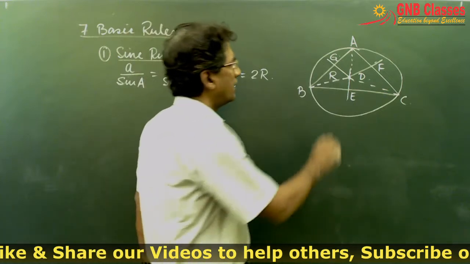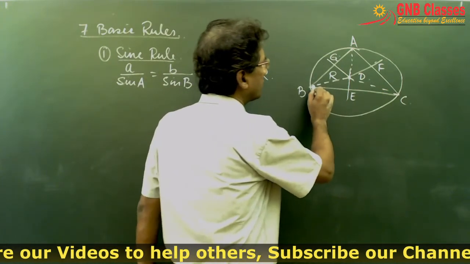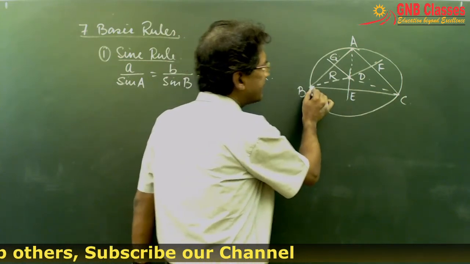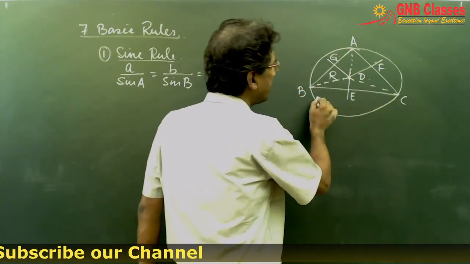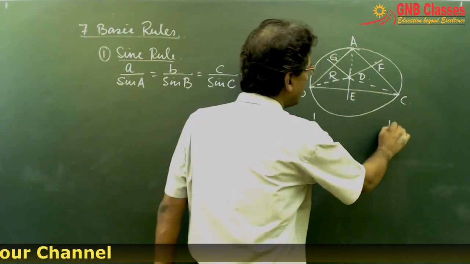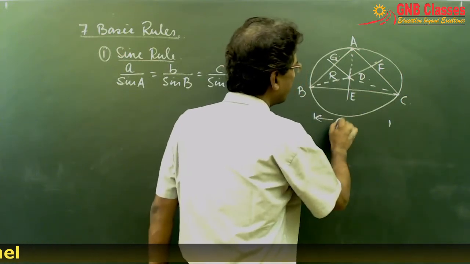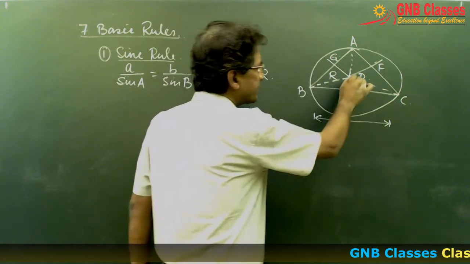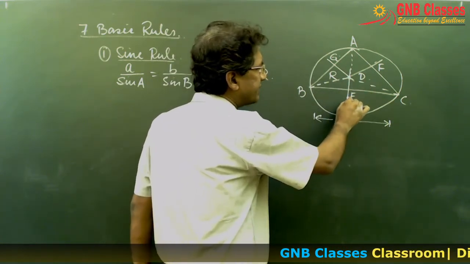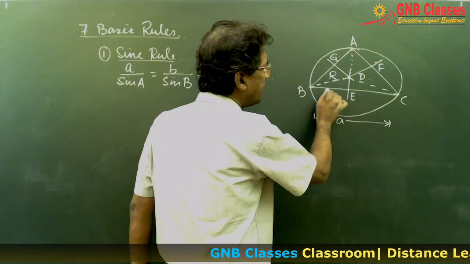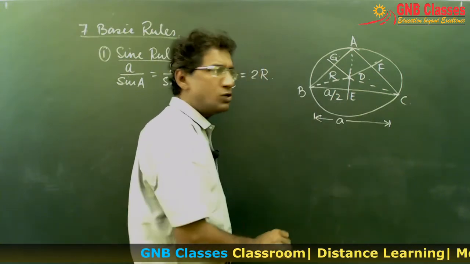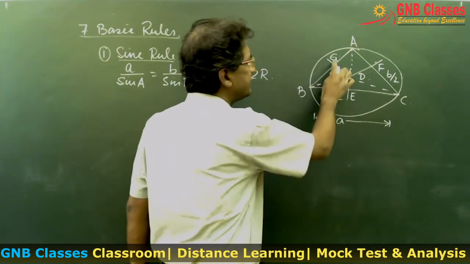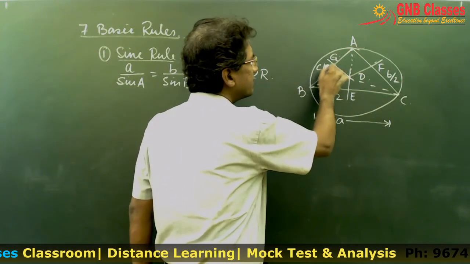Okay. Now, you observe carefully that this length, that is BC, is nothing but a, right? Because this is the opposite side of angle A. Since DE is the perpendicular bisector, BE will be a by 2. Similarly, FC will be b by 2 and GB will be c by 2.